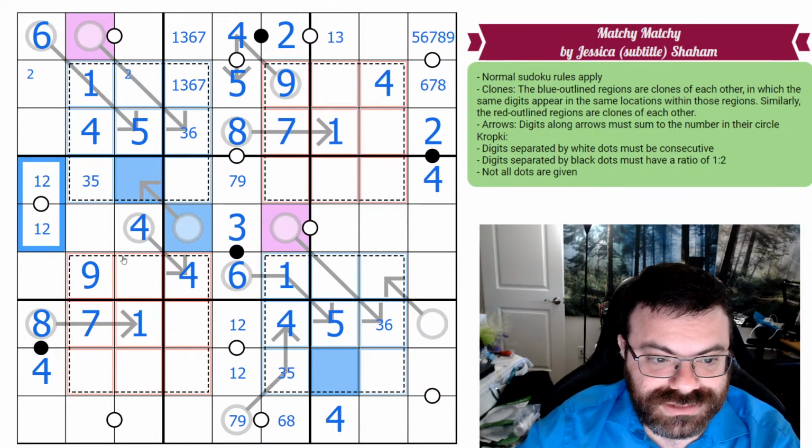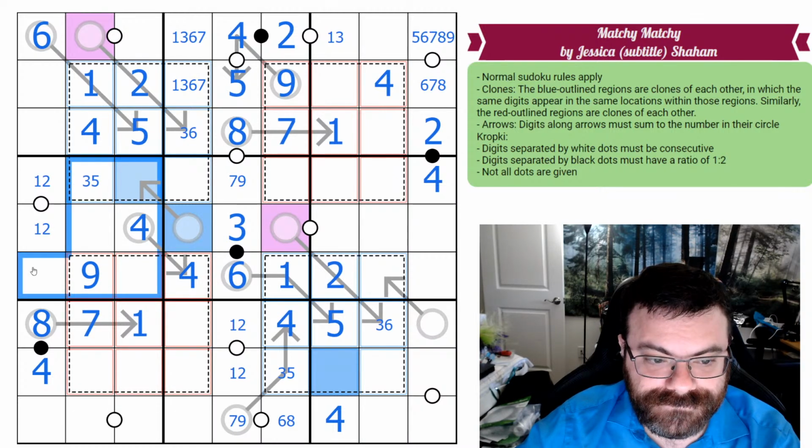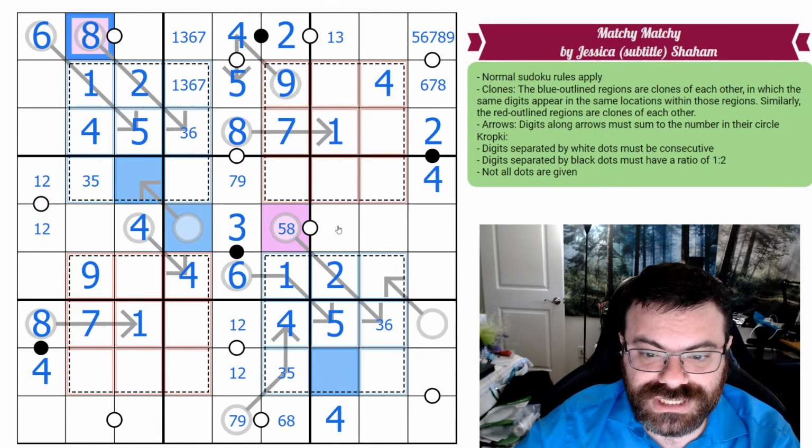One's on the white dot, so that's a 1, 2. That gives us this 2. So purple is either 5 or 8. Can't be 5, so it's 8. That makes this a 6.